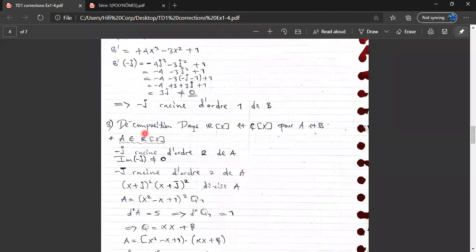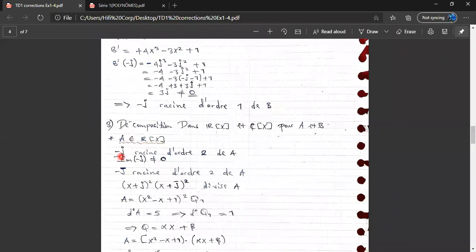Decomposition dans R. I've added another one. We are going to decompose this in R, in real numbers, and in complex numbers. In the question, I just asked you to decompose in R, but I also want us to decompose in C.